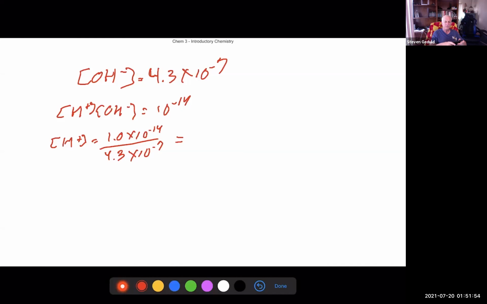Then hit 4.3, then EE for your exponent, then 7, and change it to a negative sign. Then hit equals. It comes out to 2.33 times 10 to the, then count your digits: 1, 2, 3, 4, 5, 6, 7, 10 to the minus 8.